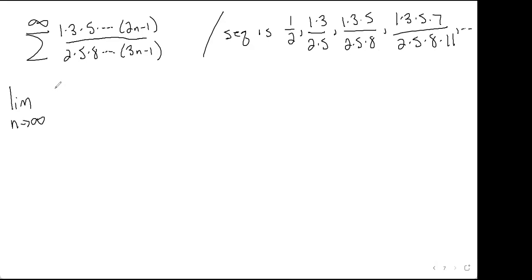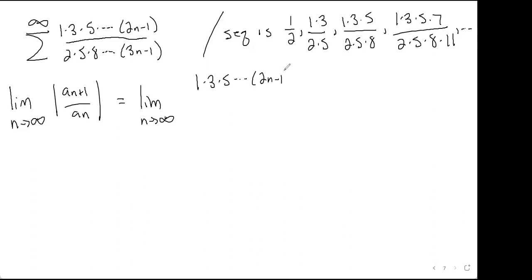So if we want to find this a n plus 1 over a n, when we put n plus 1 in here, we get 1 times 3 times 5 up to 2n minus 1. That's the n term. If we add 1, what we think of is going to the next odd number here, which is 2n plus 1.